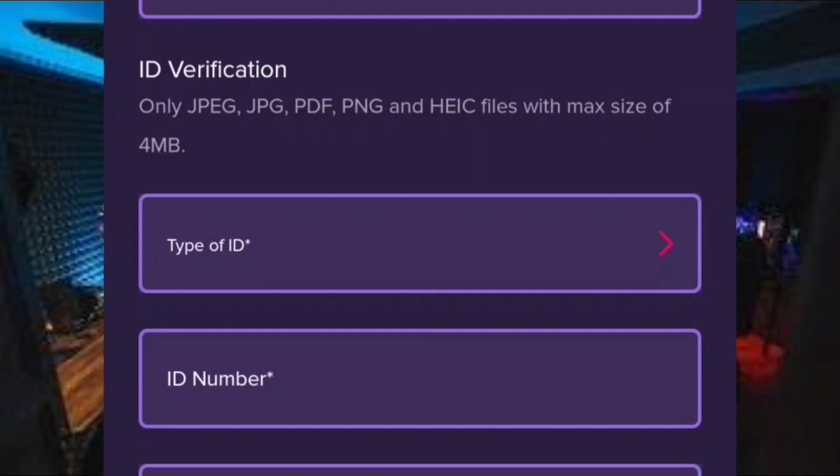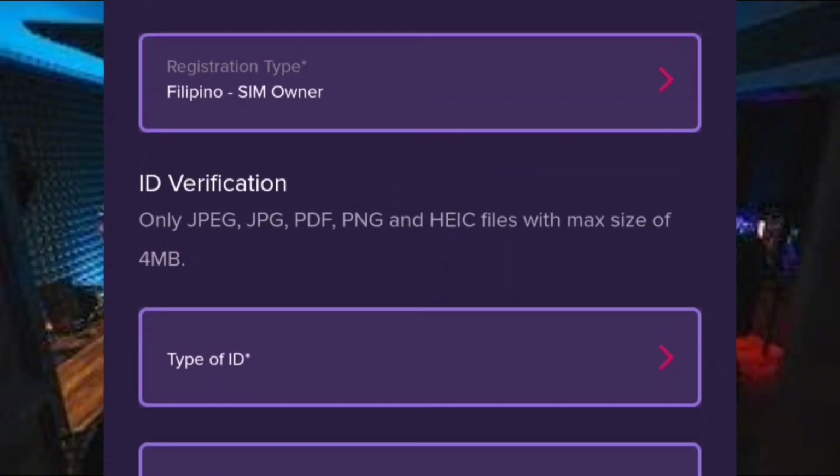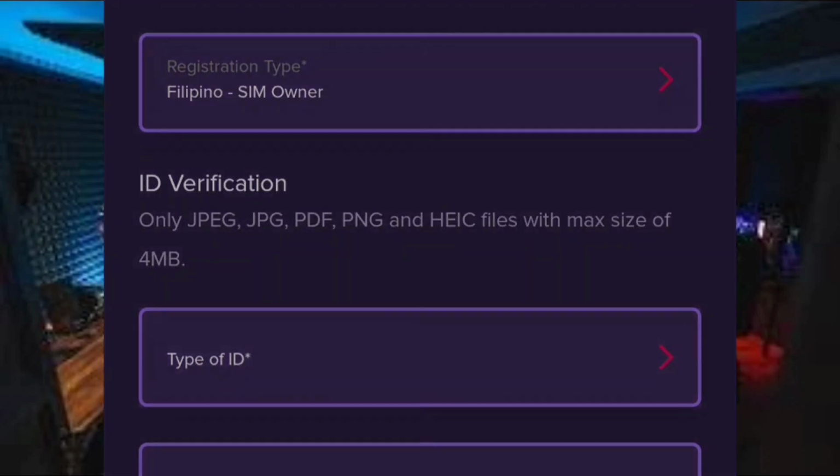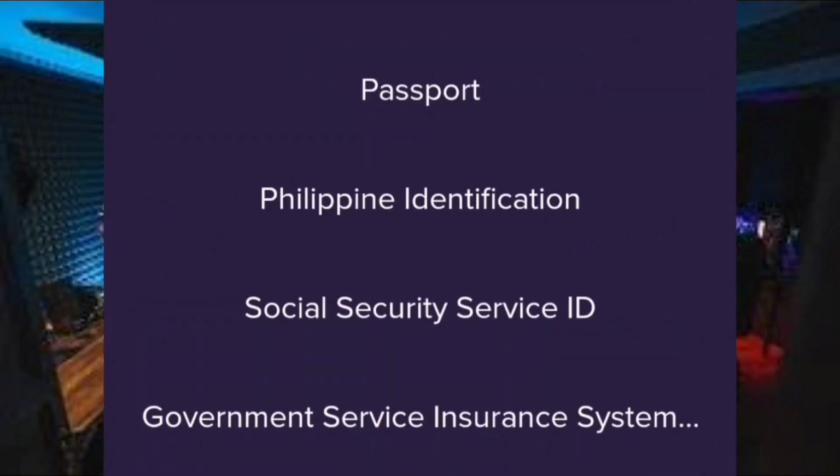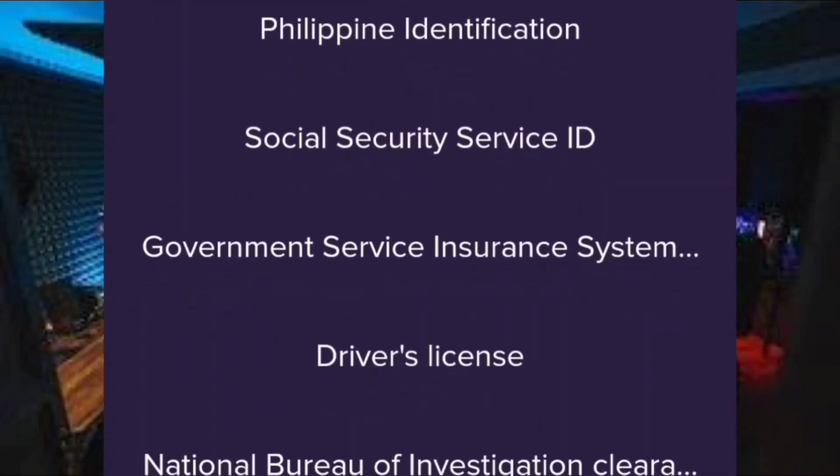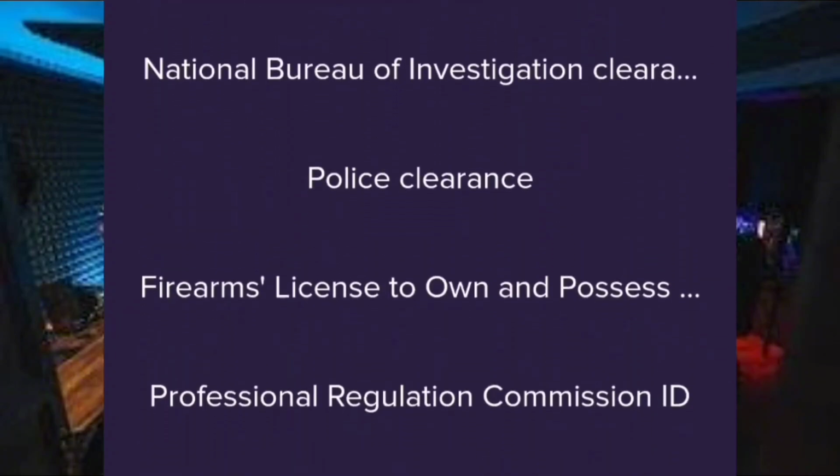Click the arrow from the right to select the type of ID. These are the types of ID needed. Select only one type.